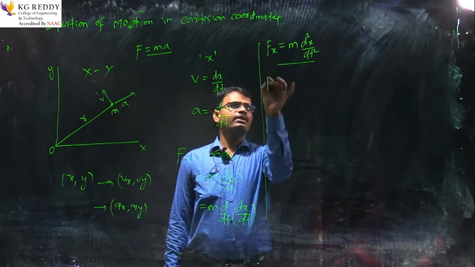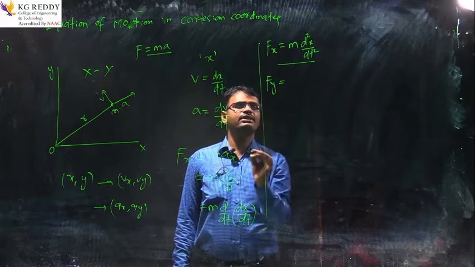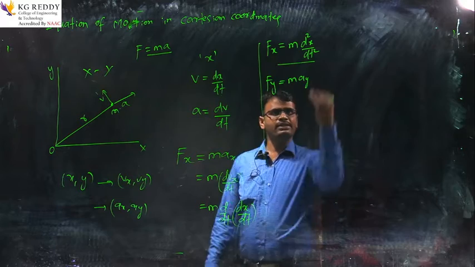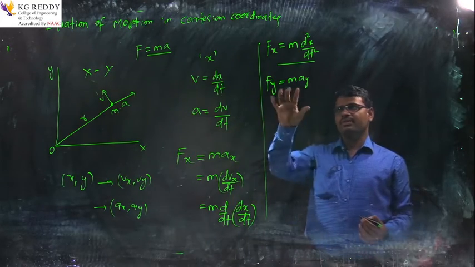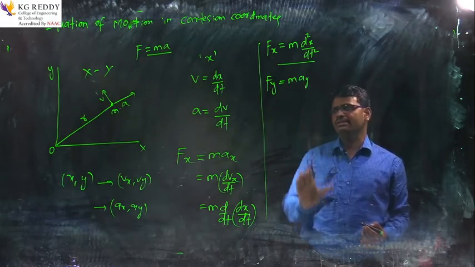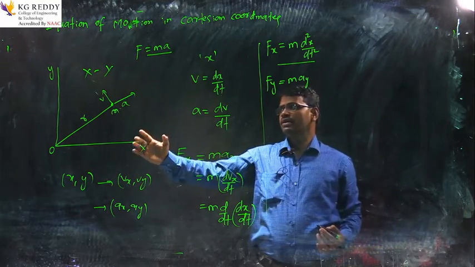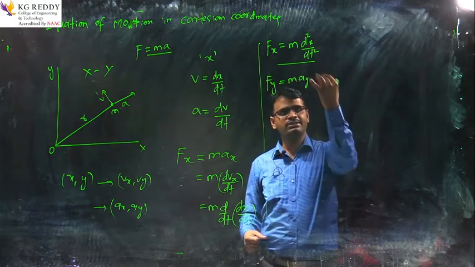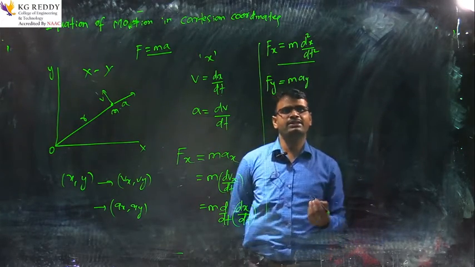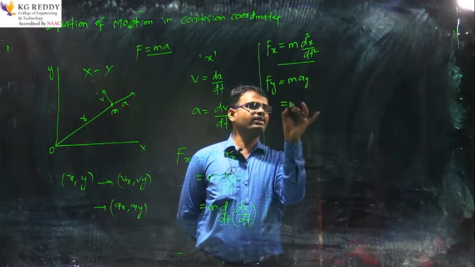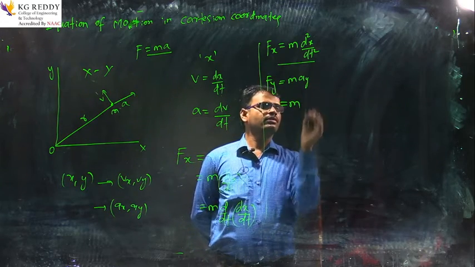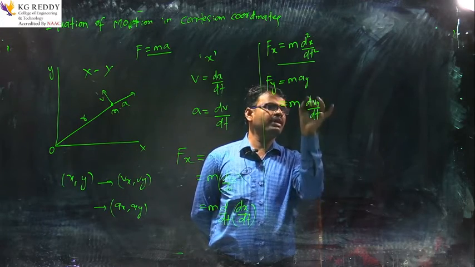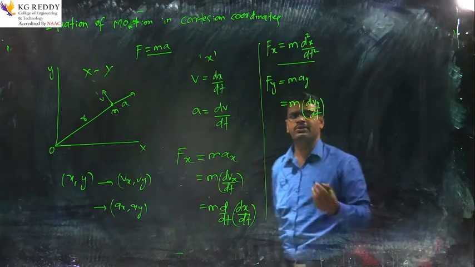Similarly, the equation of motion along the y axis: Fy equal to m into ay, where ay is the acceleration of the particle along the y axis. So we can say simply this is the acceleration component along the y axis. Then we can write m into dv by dt, the time rate of change of velocity, which is equal to acceleration.